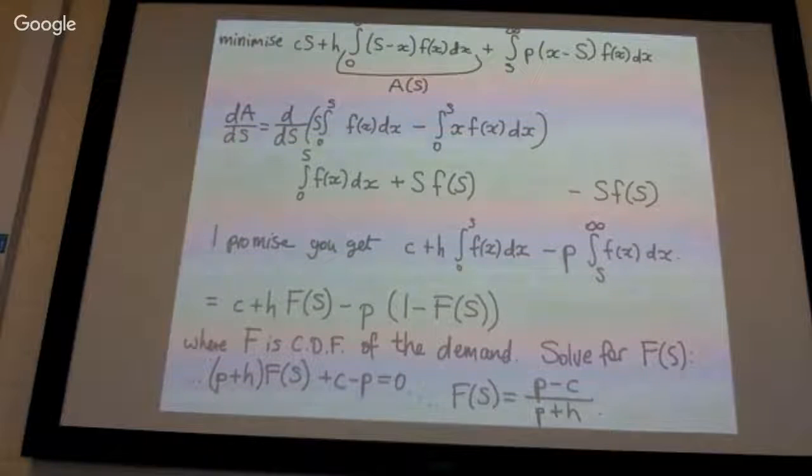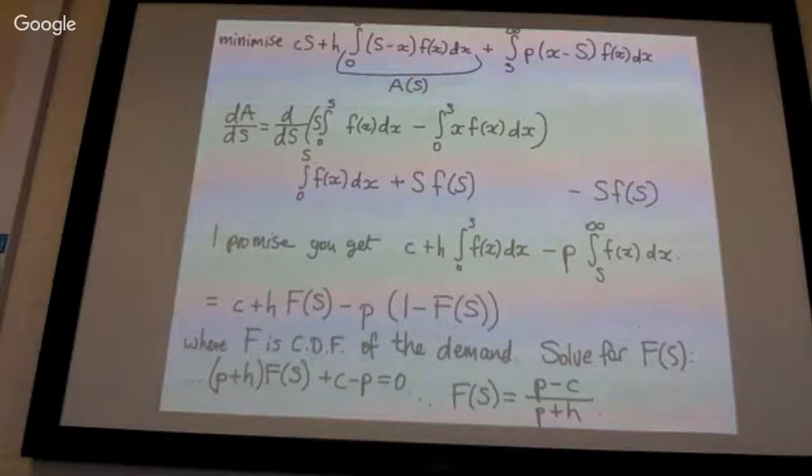Is that right? Now we should check that it's really the minimum, not the maximum.